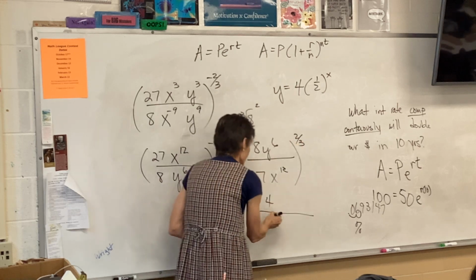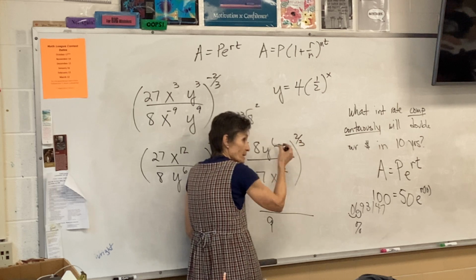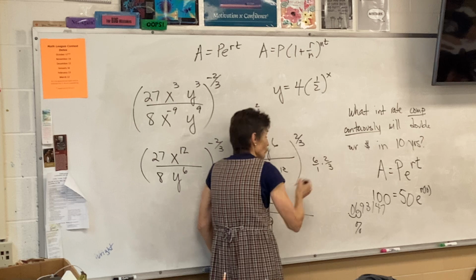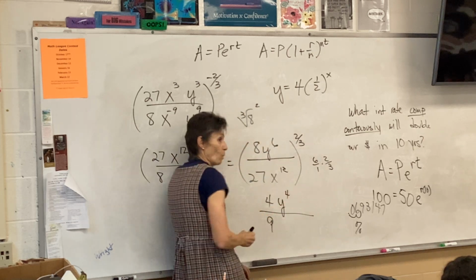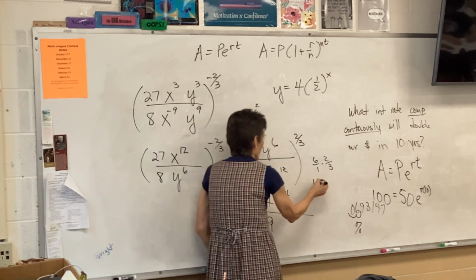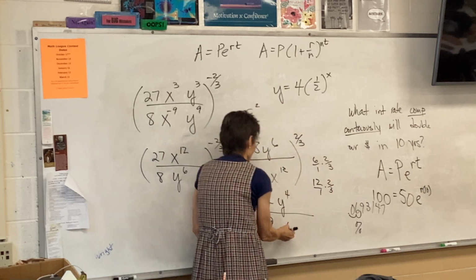Oh, so that's going to be 9. Now, what do I do with these exponents? Multiply. So 6 over 1 times 2 over 3, 12 thirds, which is 4. And then 12 over 1 times 2 over 3, 8.